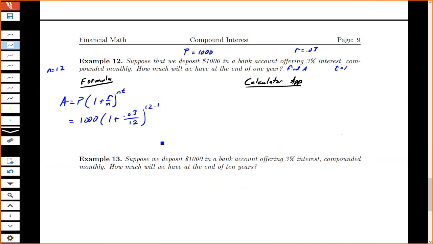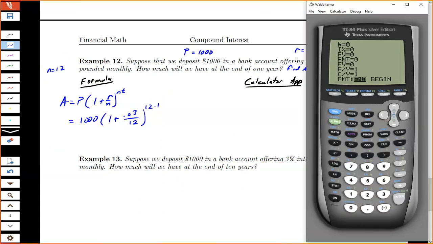On my calculator, the way that I would enter this in is 1,000 times parentheses 1 plus 0.03 divided by 12, close the parentheses. And now how the exponent works depends a little bit on your calculator. If your calculator actually has a superscript, if it moves it up high like this, then you don't need parentheses. You can just do 12 times 1 and you're done.